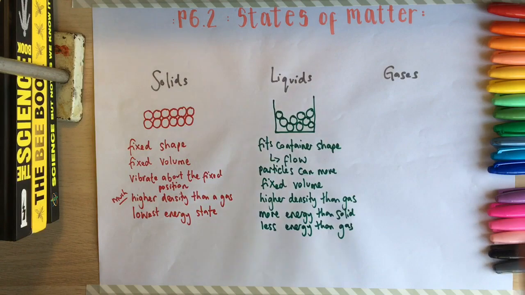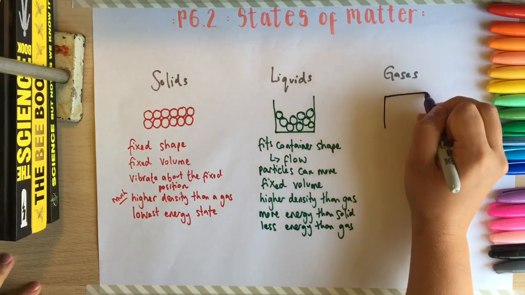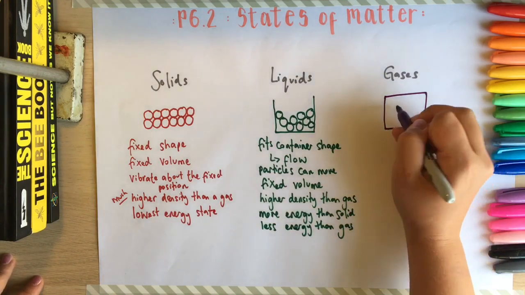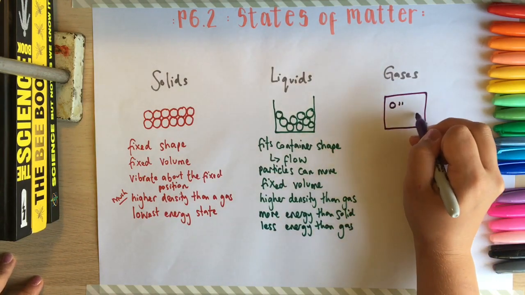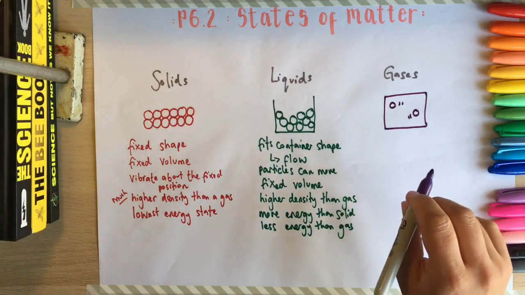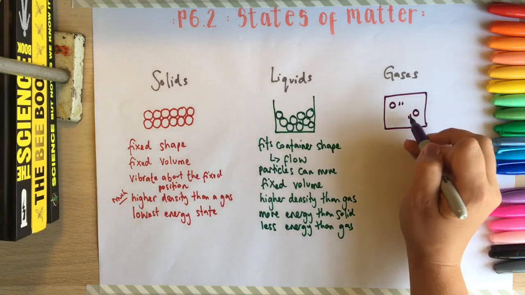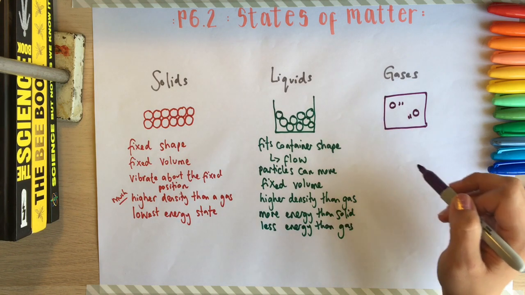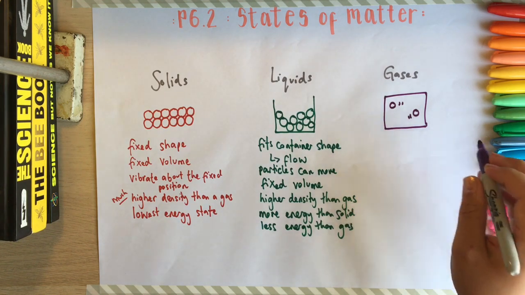And with gases, often we draw them contained in a box kind of shape, and you would only draw one or two particles, certainly no more than three. And sometimes we draw these little lines, and these little lines represent the fact that gas particles move the most.